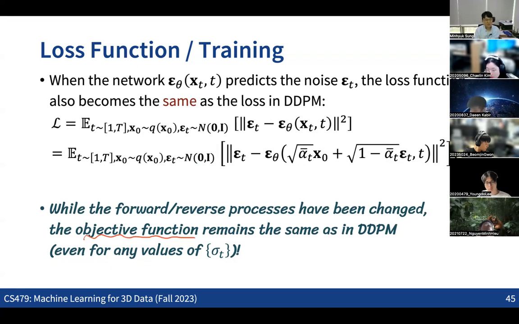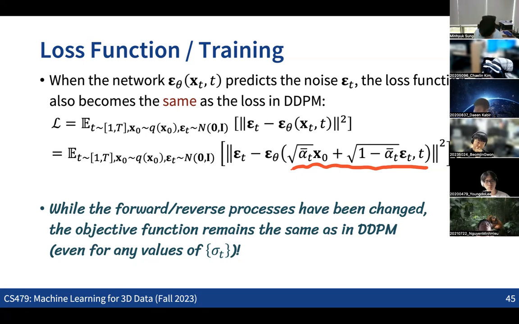That's actually how people designed the DDIM. It was intentional: we model these processes in a way that the noise predictor we trained for the DDPM can be directly used for the DDIM processes.